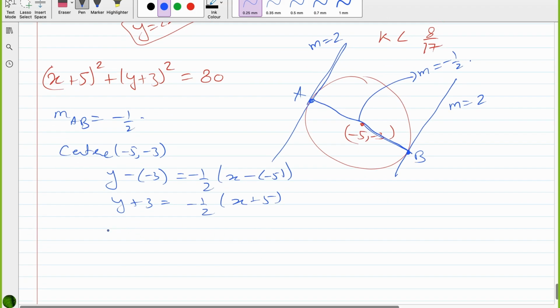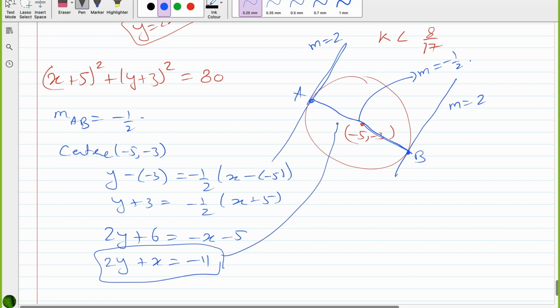Multiplying the whole equation by 2, 2y + 6 = -x - 5. Rearranging, 2y + x = -11. Now this is the equation of the diameter.